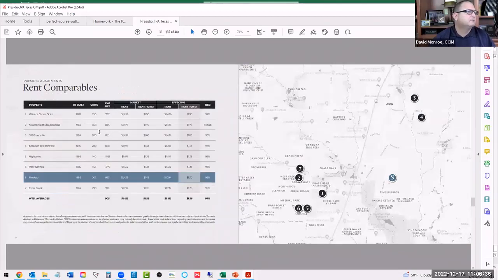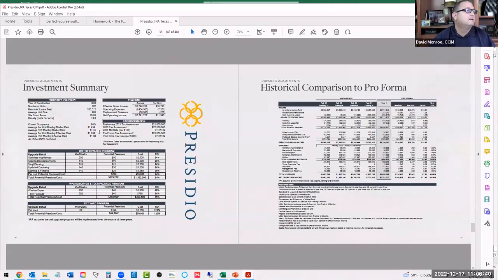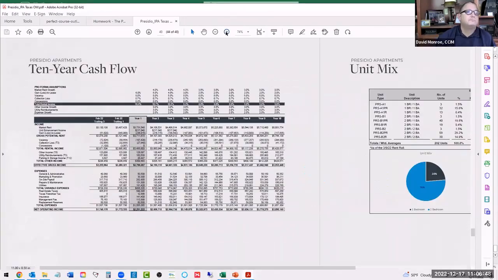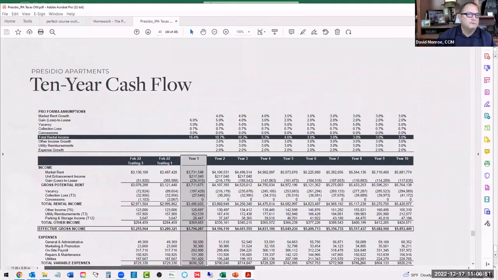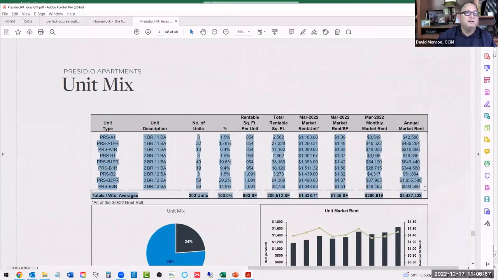Where's my unit mix? Historicals. There it is. So here's my unit mix. Okay. So I would input all of these into those cells.